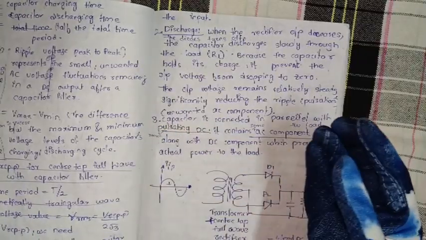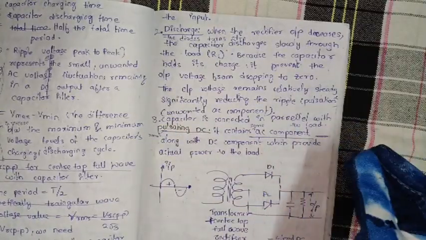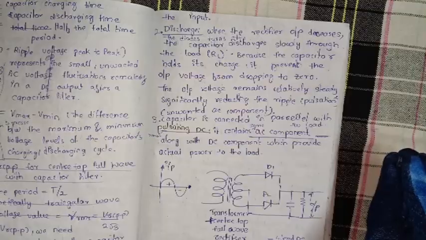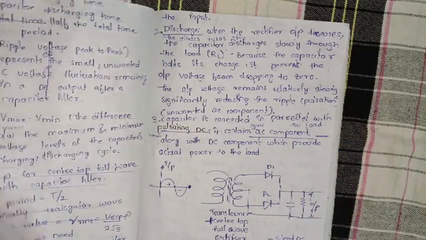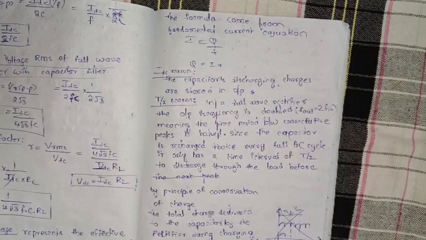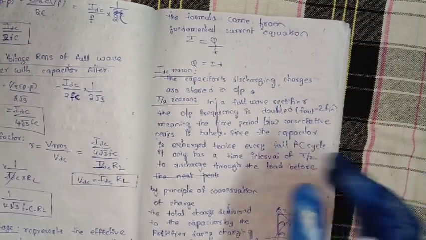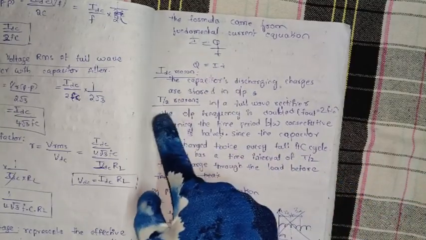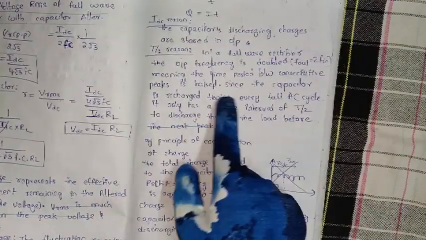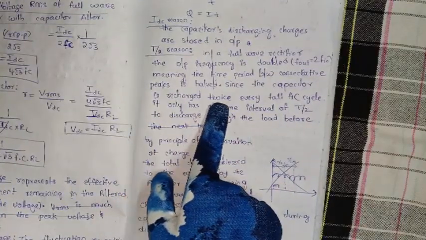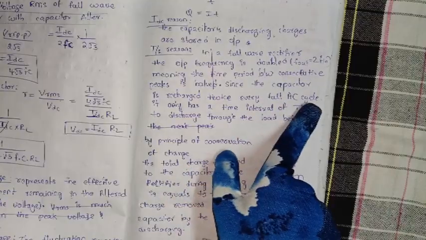So the capacitor's discharging charges are stored in the load only. Then why have we taken T by 2 in place of T? Since the capacitor is recharging twice every full AC cycle.